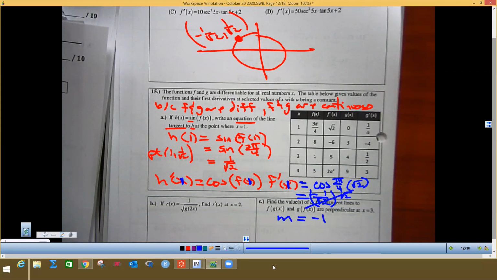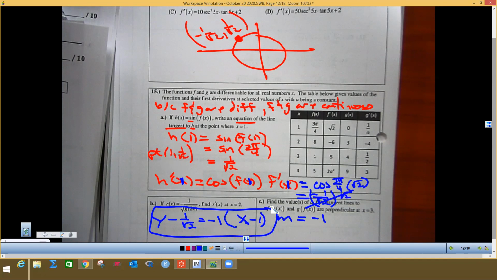So I'm going to write the equation of my tangent line. y minus y1, well, y1 is 1 over radical 2, is going to equal the slope we just found, negative 1, times x minus, and I come up here and it was x minus 1. So there is the equation of my tangent line.